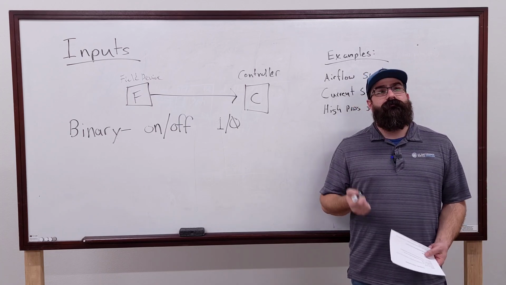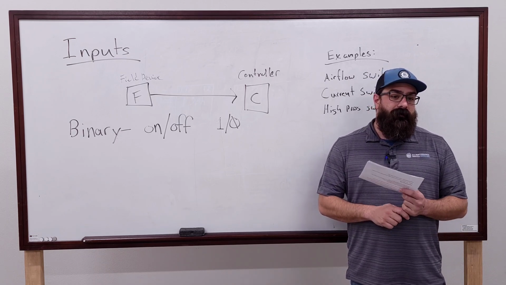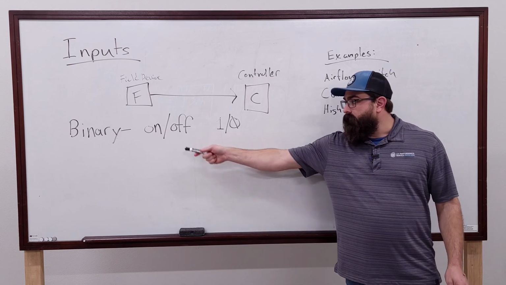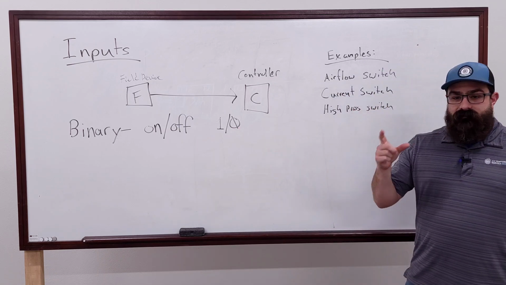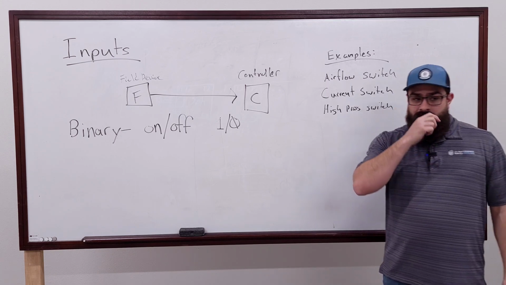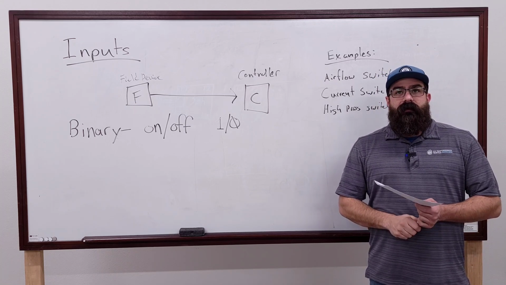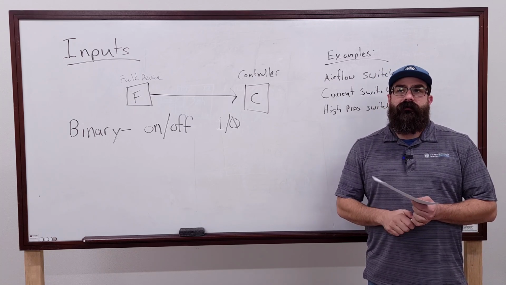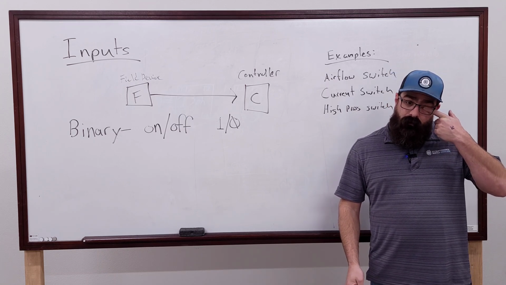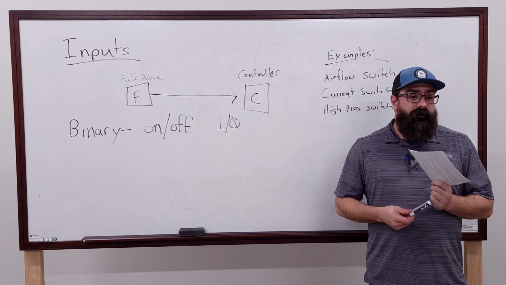Some controllers require what we call a wet contact. They require voltage. So even though it's a binary, it doesn't just monitor the resistance. It actually needs to see voltage present. There are some I/O modules for our tritium devices that require a 15 volt DC on the input.